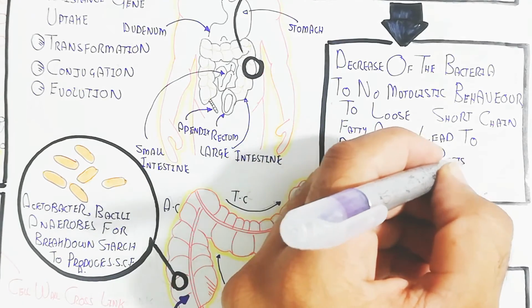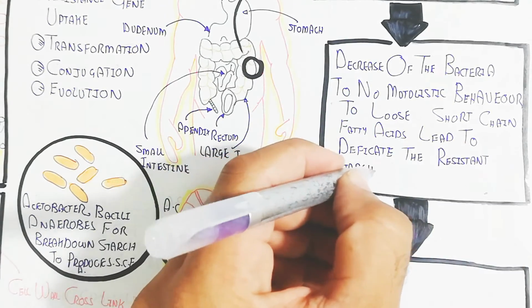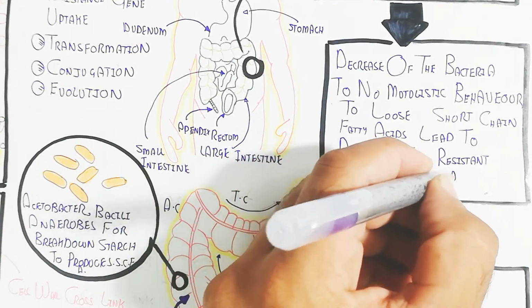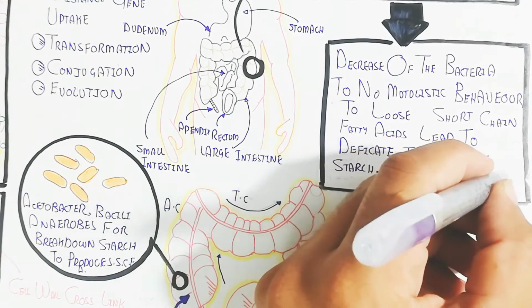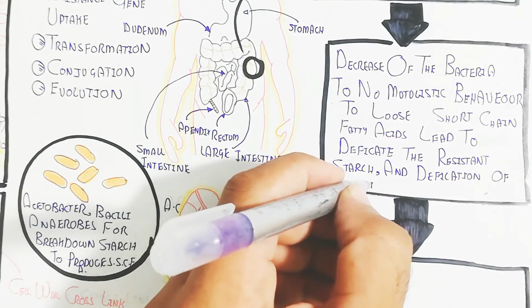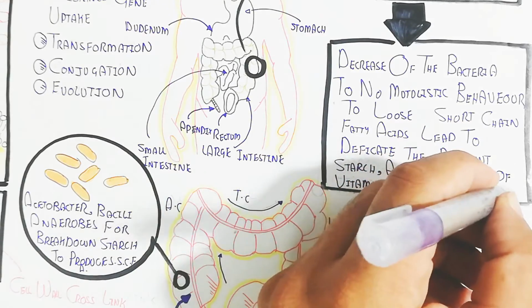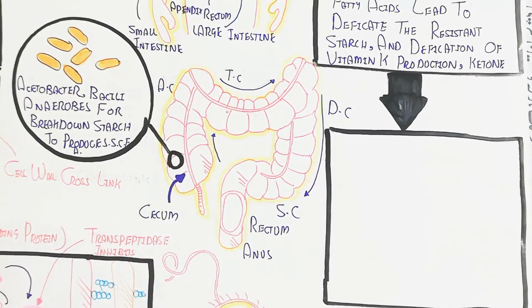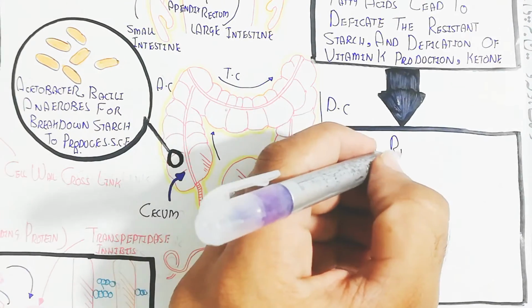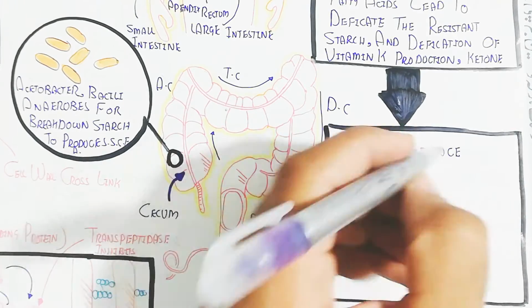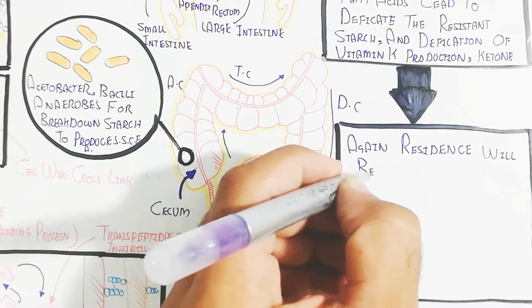And in this way the bacteria will not be working, and the problem will arise. Again, residence will be later and require time, because the problems can be less water absorption and other pathogen invasion due to barrier mutualism loss, so it will cause another disease.